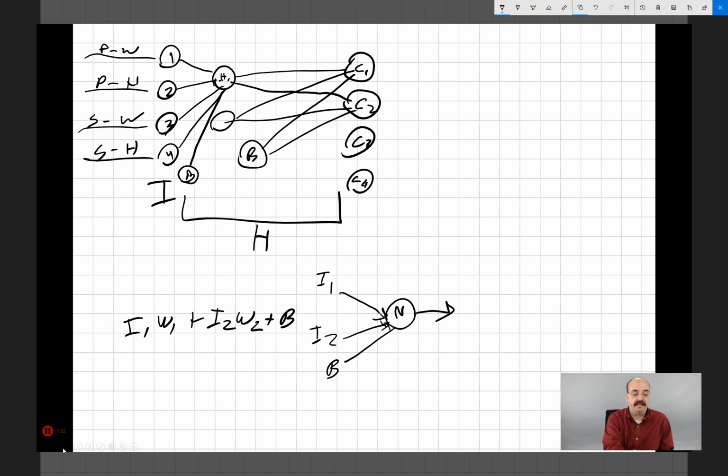You're calculating input 1 times weight 1 plus input 2 times weight 2 plus the bias, which is really a weight; the bias is a single number. It's that line that connects the bias neuron to the next hidden. And then this whole thing gets passed to an activation function. The activation function that we usually use with these type of neural networks is the rectified linear unit.